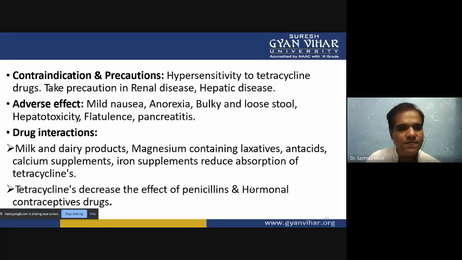These side effects appear when we treat continuously with tetracycline at a higher dose.